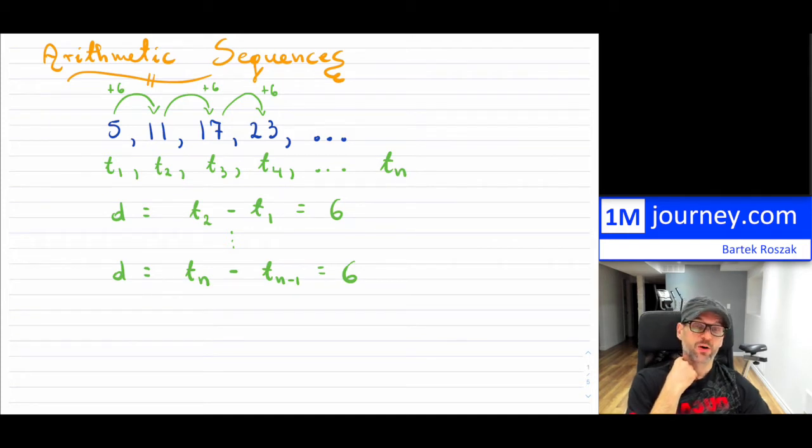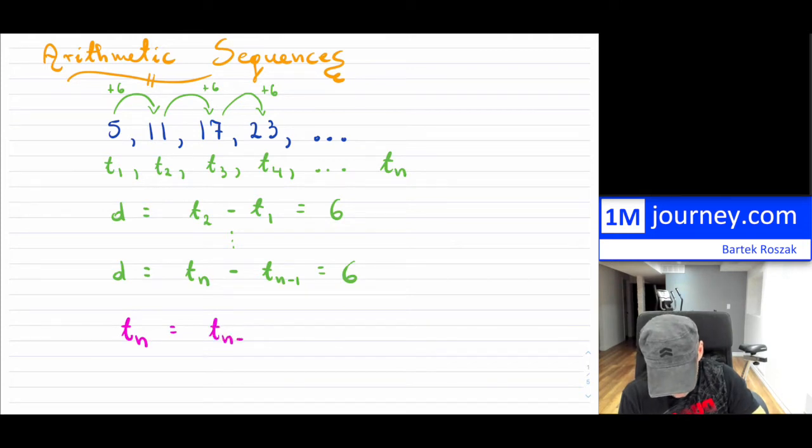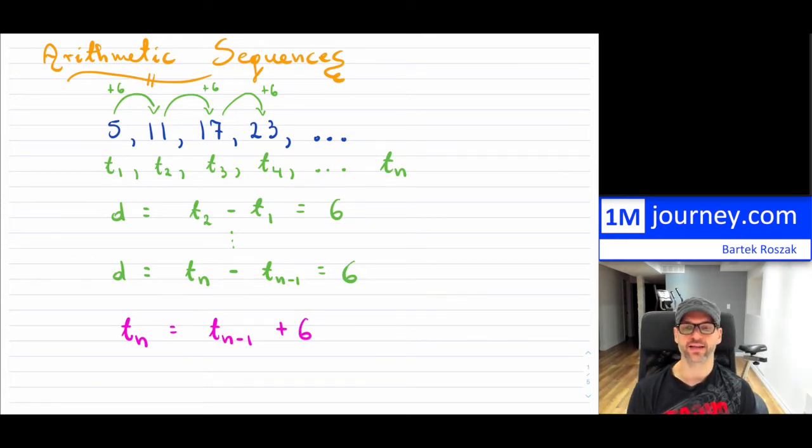Now, one particular formula for these arithmetic sequences is called a recursive formula or recursive expression, where we can say that any term n that we like really is just the previous term. And in this case, all we're going to do to that previous term is add 6.